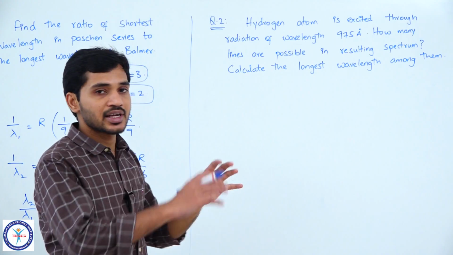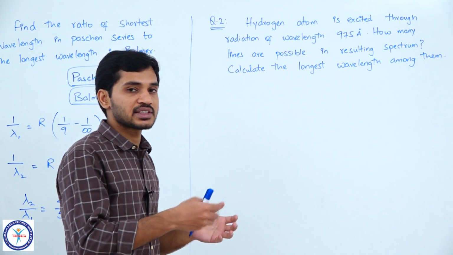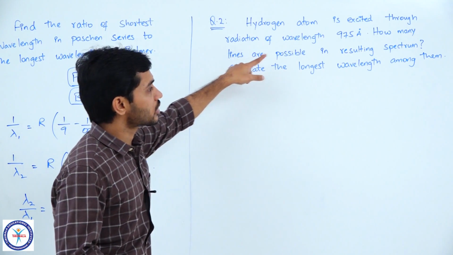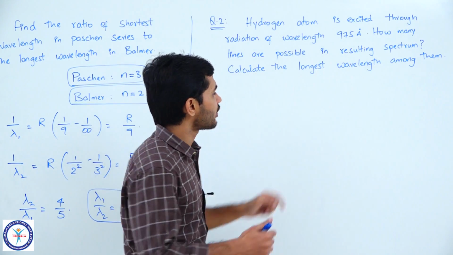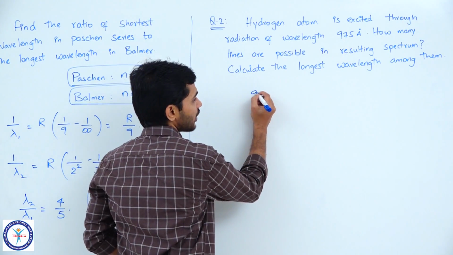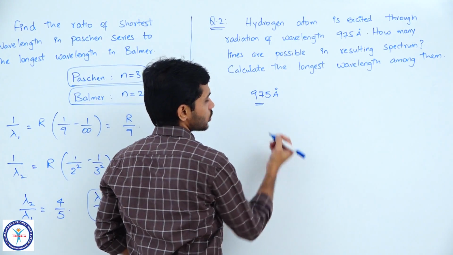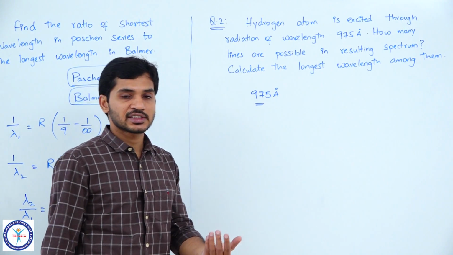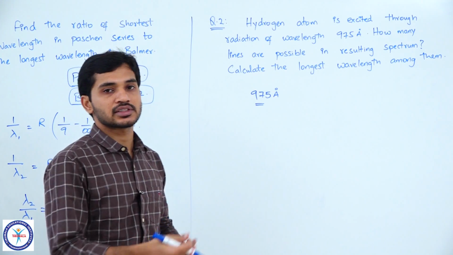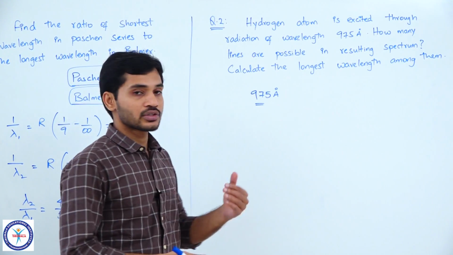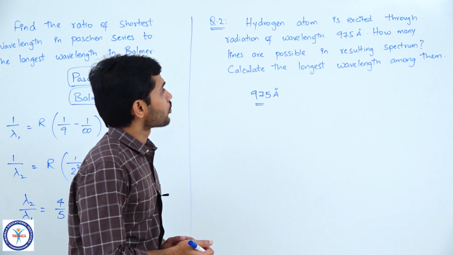They are saying that a sample of hydrogen is excited by using radiation having a wavelength of 975 angstroms. So, first you will have to understand what 975 angstroms corresponds to. How much energy does it have and which transition does it allow the electron to take place. Okay.